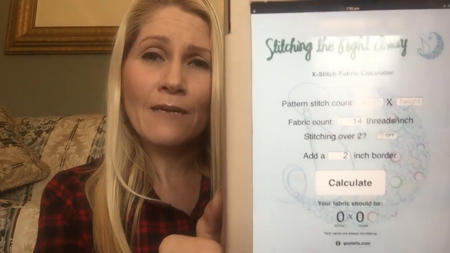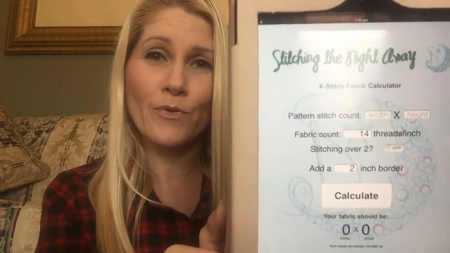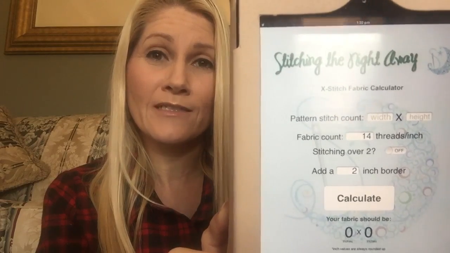But if you do the same, don't forget to allow for that border, because otherwise you will really stuff yourself up. You won't have enough fabric. So that's a great little app. Highly, highly recommend that. It takes all the guesswork out of do I have enough fabric? That's something we all worry about.